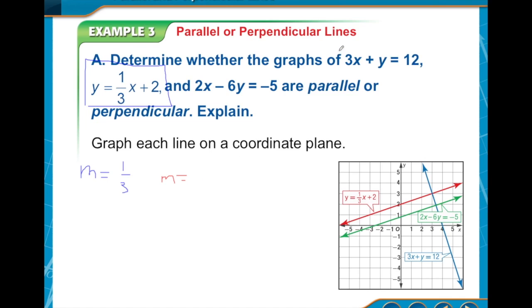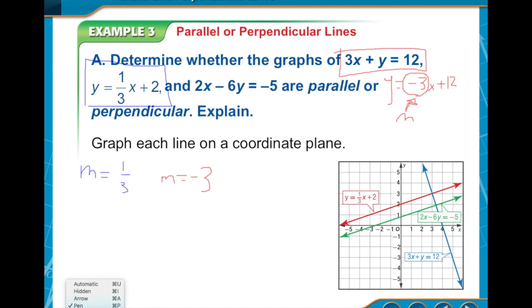If I'm looking at this line, what's m in this equation? Well, I need to move this around and solve for y. If I did that, I would have y equals -3x plus 12. Just one step of subtracting 3x from both sides. So the slope here is actually -3, the number attached to x. That's my m. So m for this one is -3.